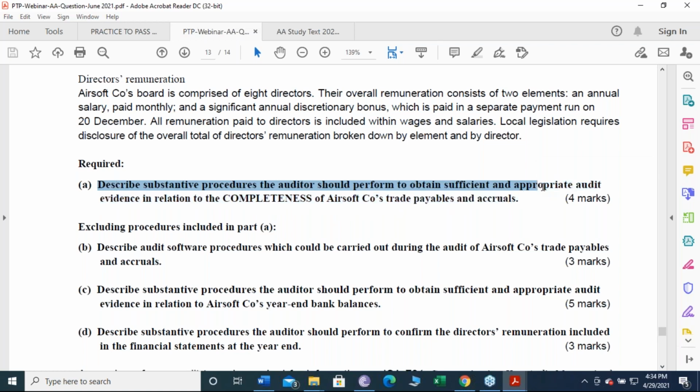So you have to apply procedures on the completeness of the trade payables and accruals. Part B, excluding procedures included in part A. So those procedures which you have applied in part A, you have to exclude them. Describe the audit software procedures which could be carried out during the audit of Airsoft Company's trade payables and accruals. What procedures are you going to apply with the help of audit software?